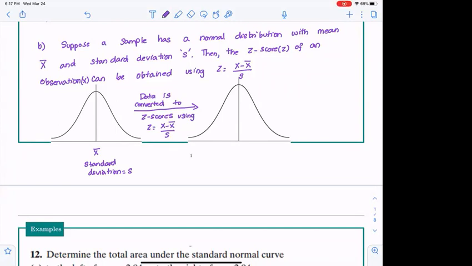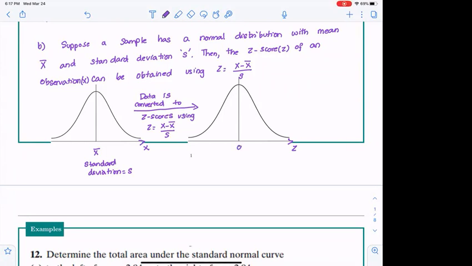And the nice little property is all the x values here now become z values. And the x bar that we started with in the original sample would now become 0.